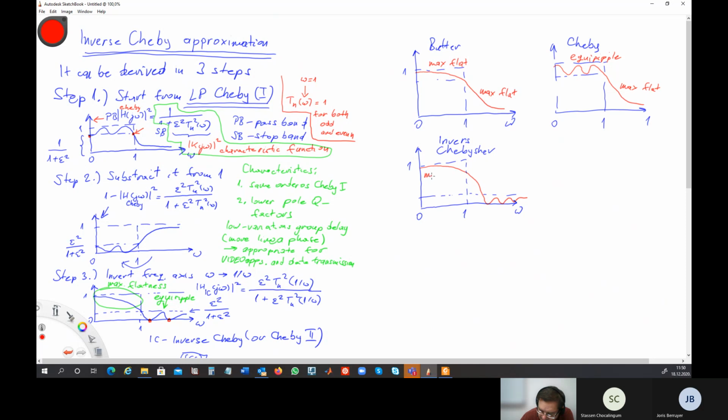Here is maximum flatness. Here is equiripple.